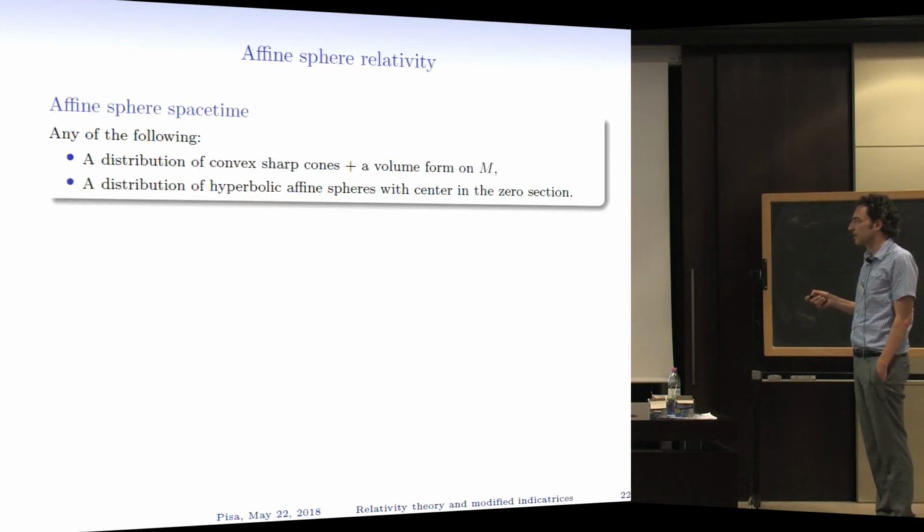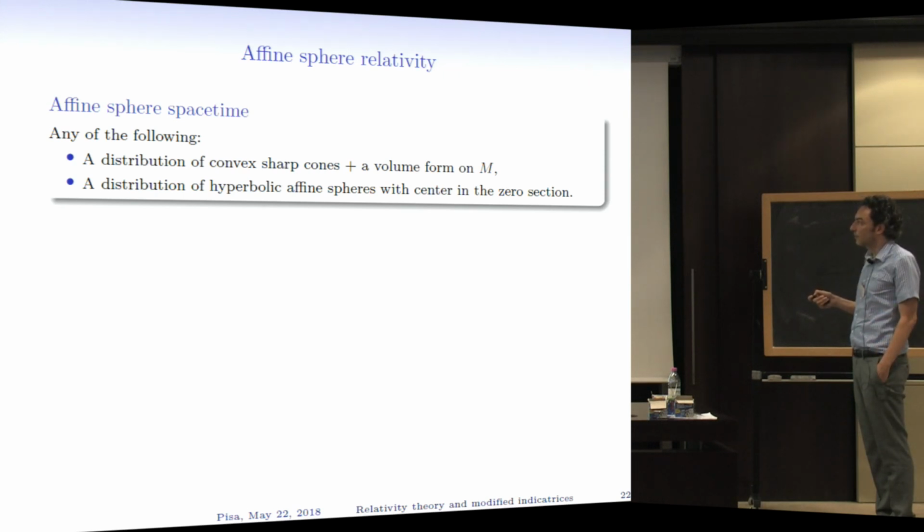So for us, an affine sphere spacetime is any of the following: a distribution of convex sharp cones plus a volume form, or a distribution of hyperbolic affine spheres with center in the zero section. These two things are the same, because if we fix a volume form on M, you get on each tangent space a translation invariant volume form.